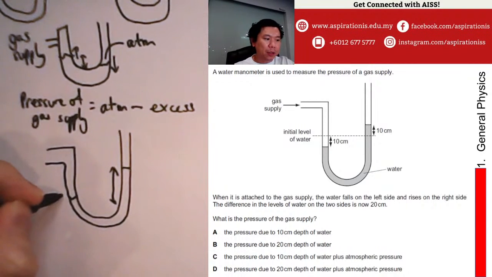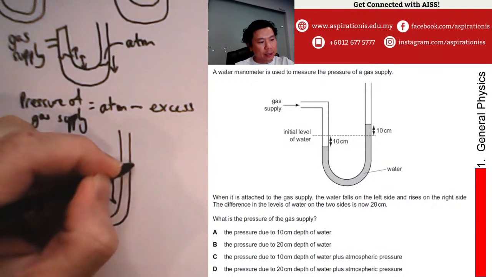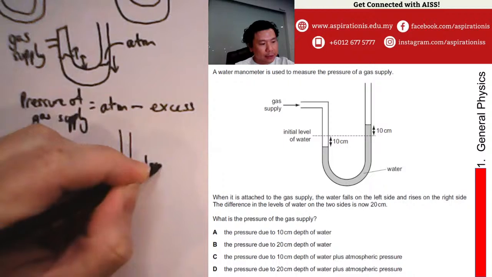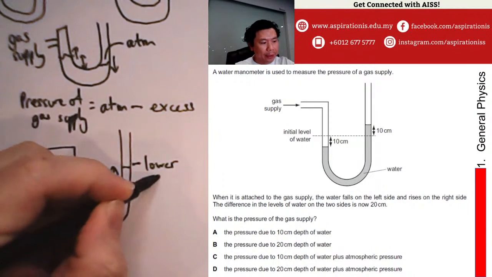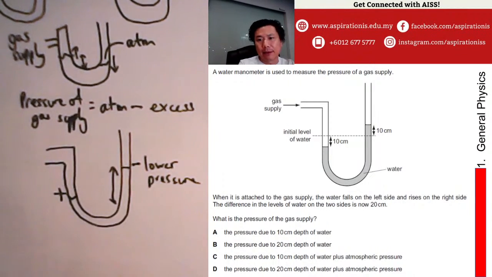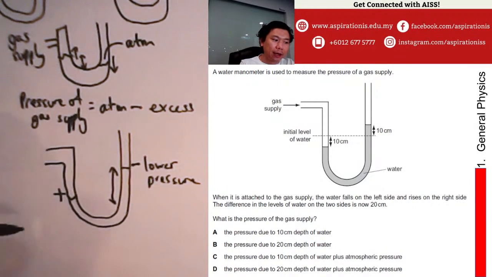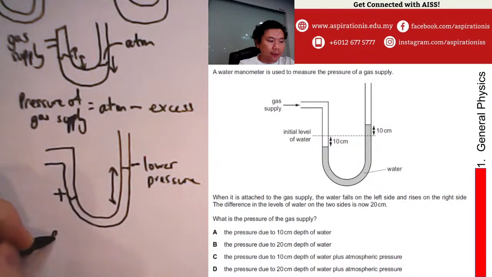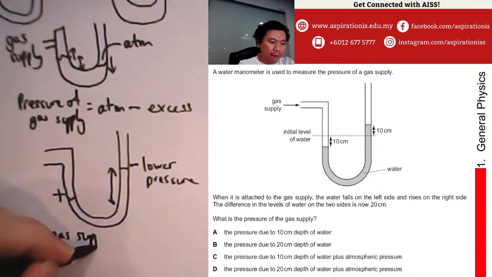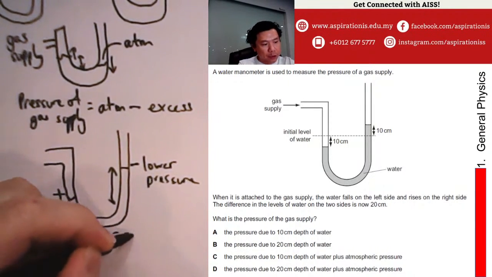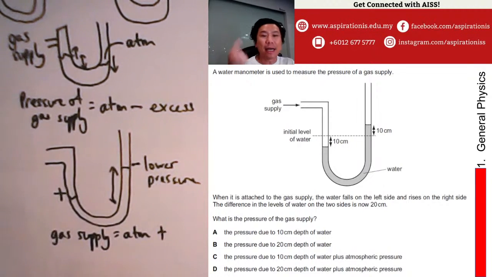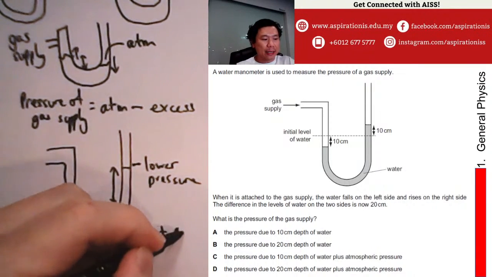In this case, we know that this side is higher and this is lower, so this experiences lower pressure. If they are asking us what is the pressure of the gas supply, well, the pressure of the gas supply will definitely be atmospheric pressure plus, because you said that it is higher, so it is atmospheric pressure plus the excess pressure.